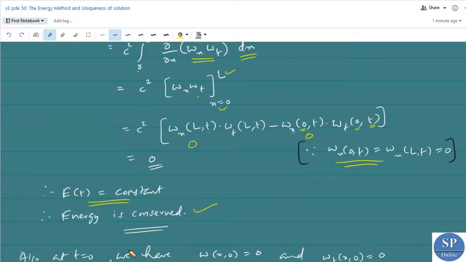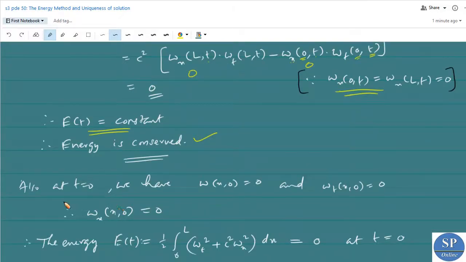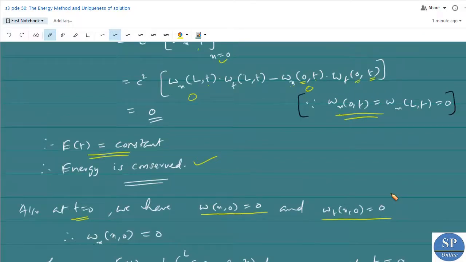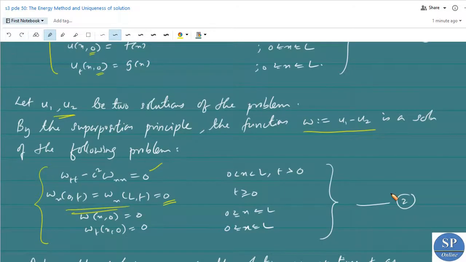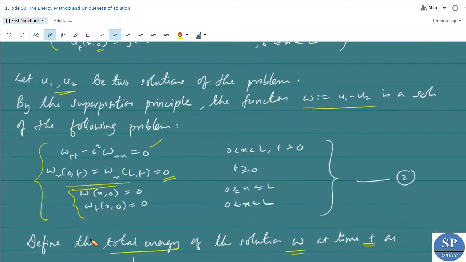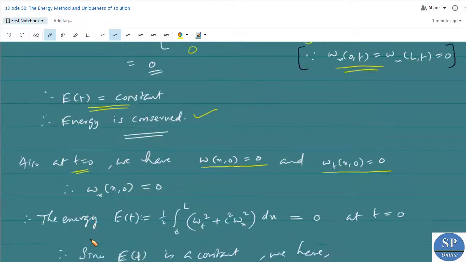Now at t equals 0, the initial conditions of problem 2 are given by w of x comma 0 equals 0 and wt of x comma 0 equals 0. Therefore, since w of x comma 0 equals 0, we have wx of x comma 0 equals 0.